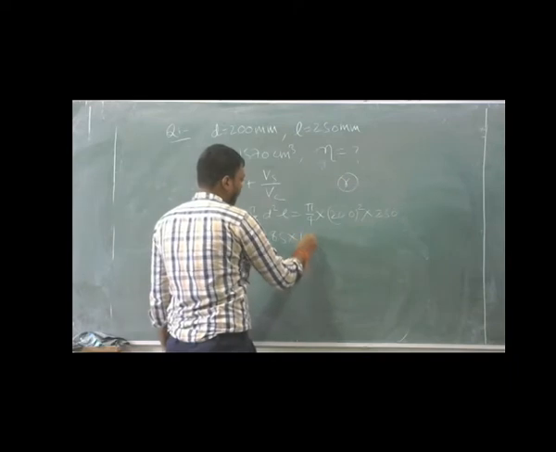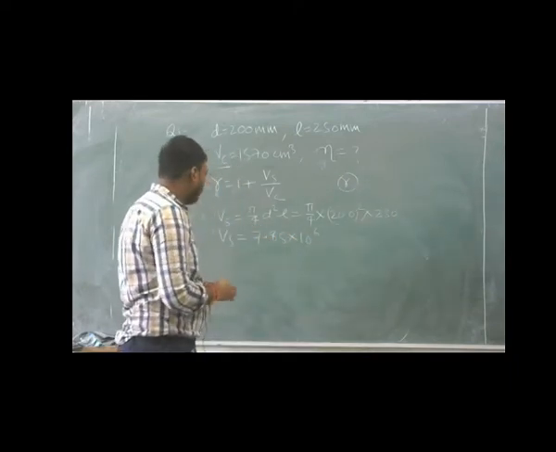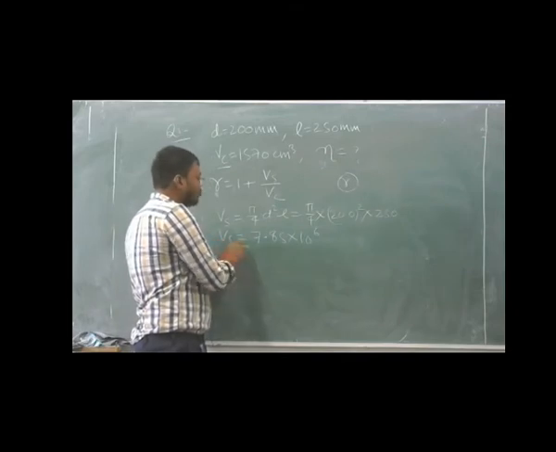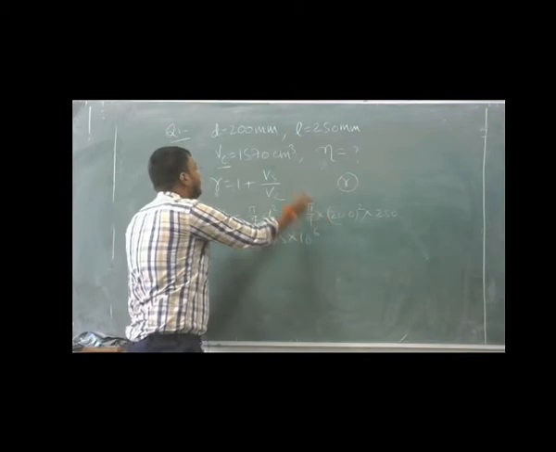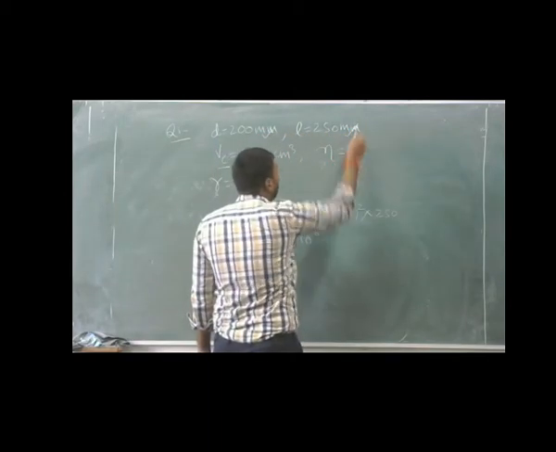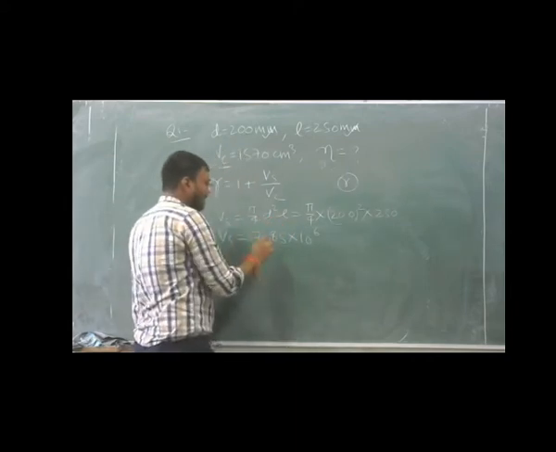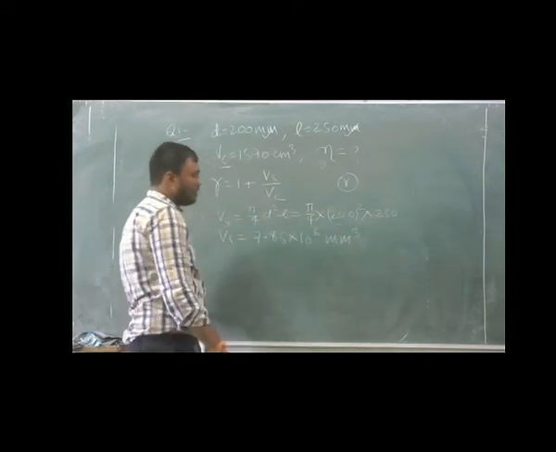Now the value of Vs should be in mm cube, because the unit of D is in mm and length is also given in mm, so the volume will come in mm cube.